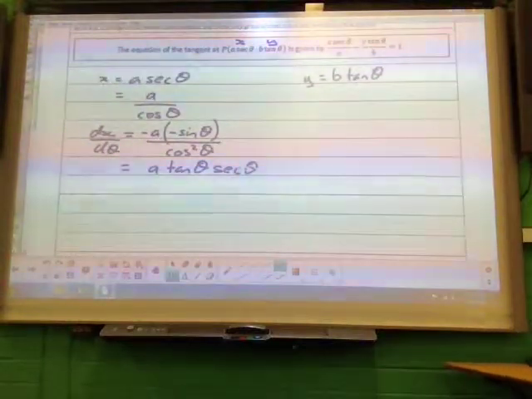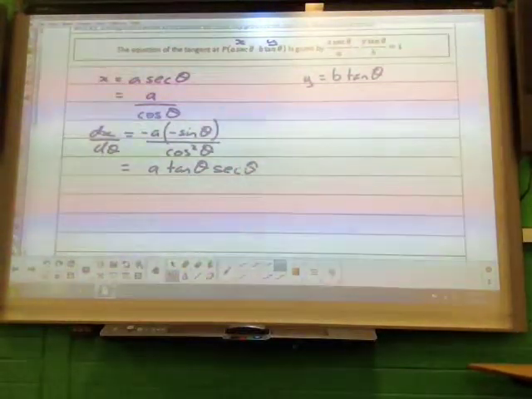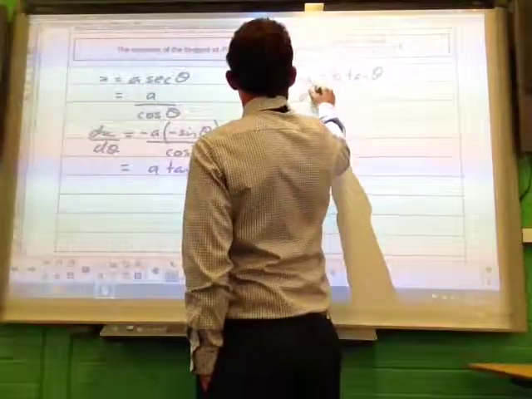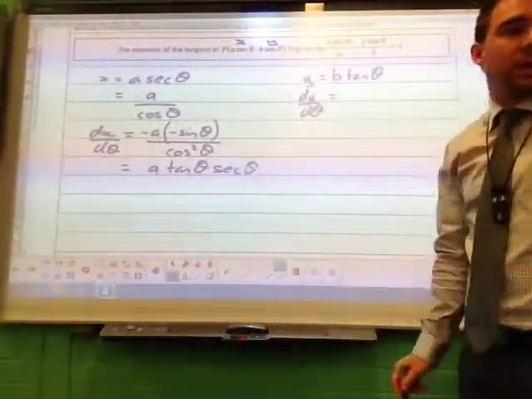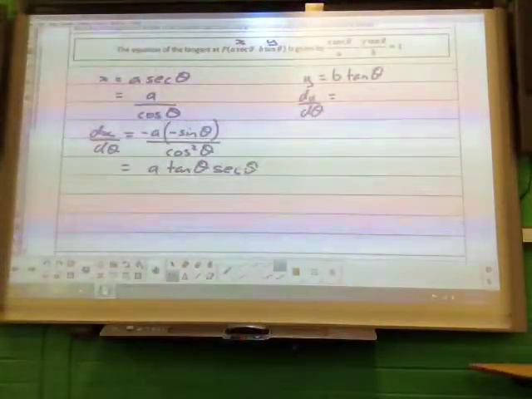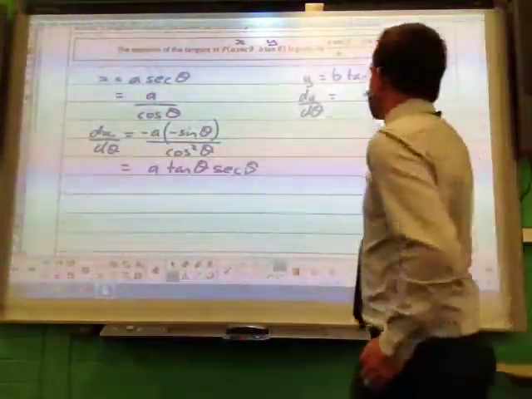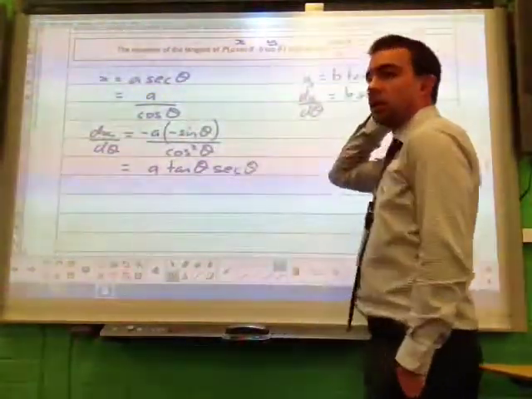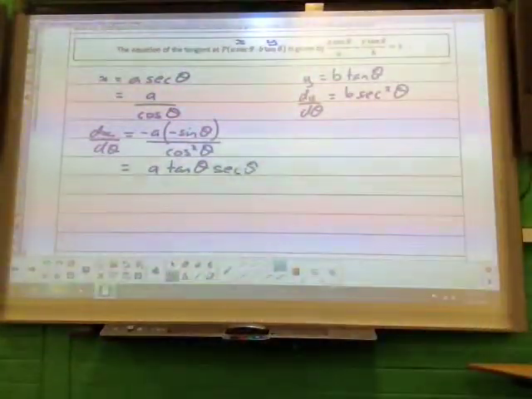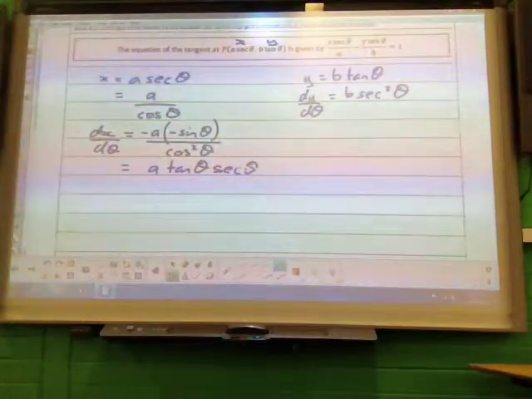So again, I want to differentiate y with respect to theta, so dy d theta. I know how to differentiate tan, and that's b sec squared theta.